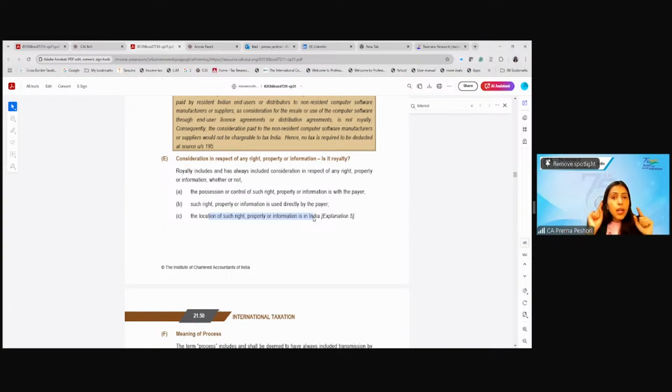Right? Now Airtel is making the payment of fees to this South African company for this arrangement. Whether this will be royalty? Act says yes. Ideally, one would say, how is it a royalty? Because the South African company's towers are in South Africa.